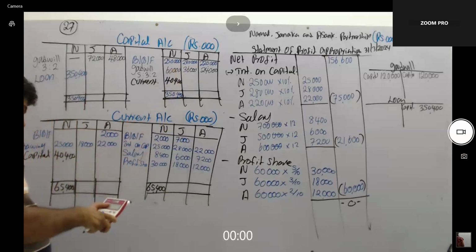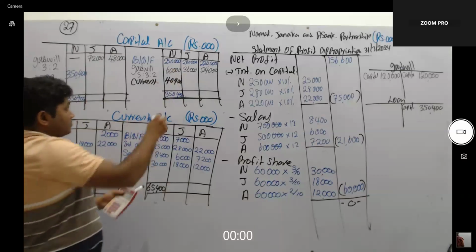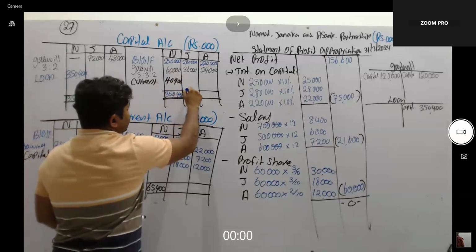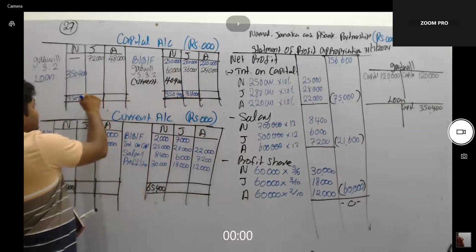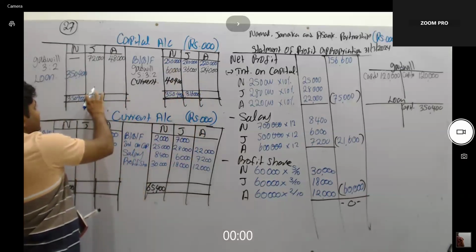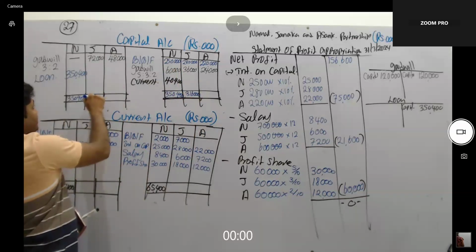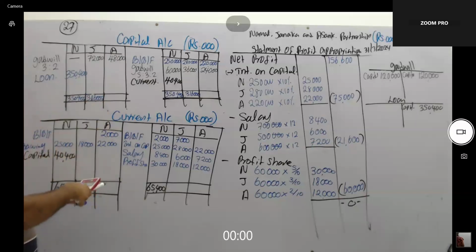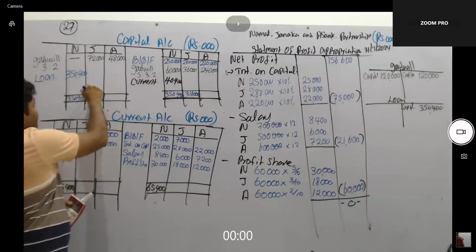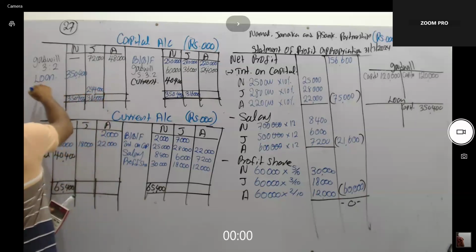Credit side increase. Take the credit side total amount, 316,000. Same value on the debit side, 316,000. The difference value as a balance carry down, 244,000.